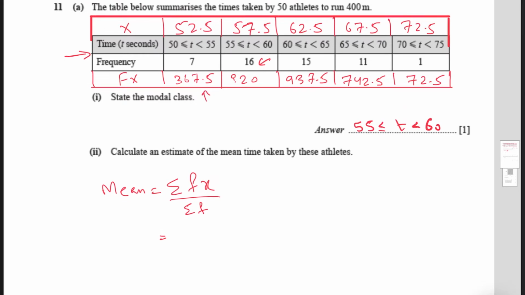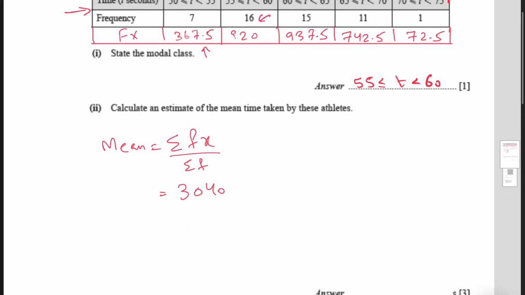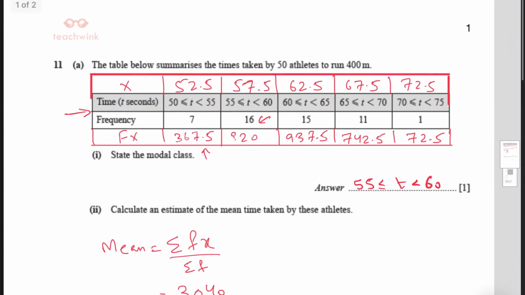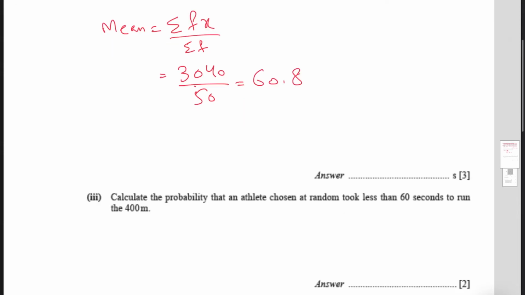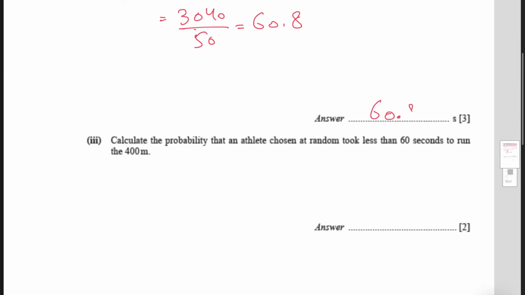So you add 367.5 plus 920 plus 937.5 plus 742.5 plus 72.5, and you get 3040, and you divide this by the total frequency, which of course is 50 over here. So when you divide this by 50, the mean comes out to be 60.8. Okay, so you write it over here, 60.8.